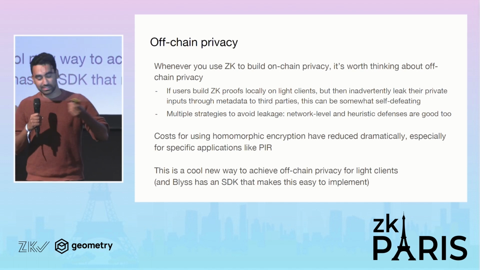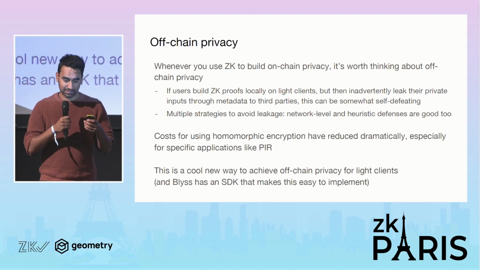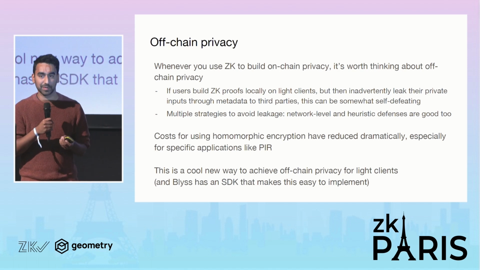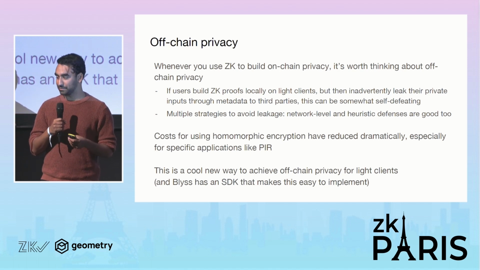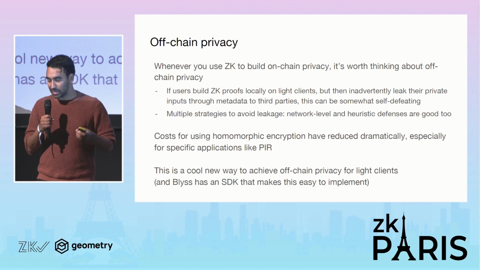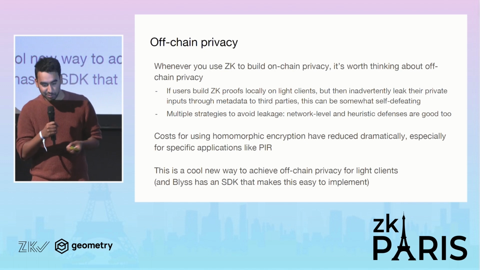I won't say it's a silver bullet. I think it's still good to use other defense in depth practices. You should also try to minimize network leakage, or use heuristic defenses like using more than one full node. And I'll say another thing, which is that the costs are really low. That's the headline.